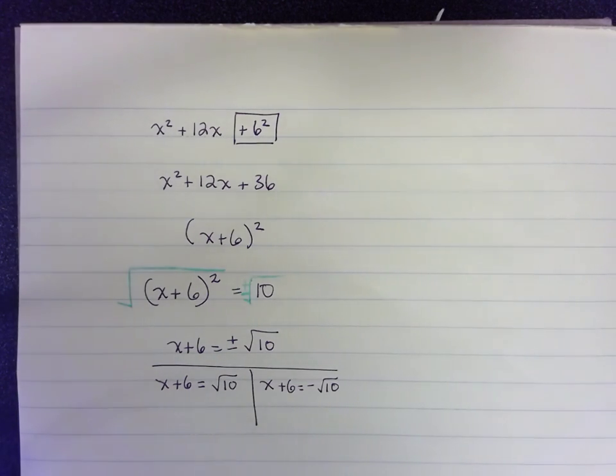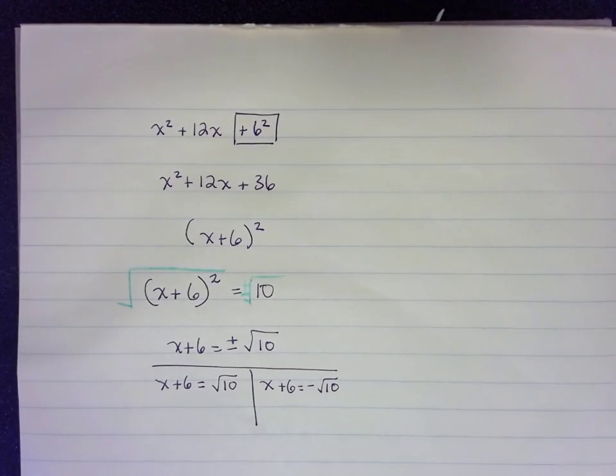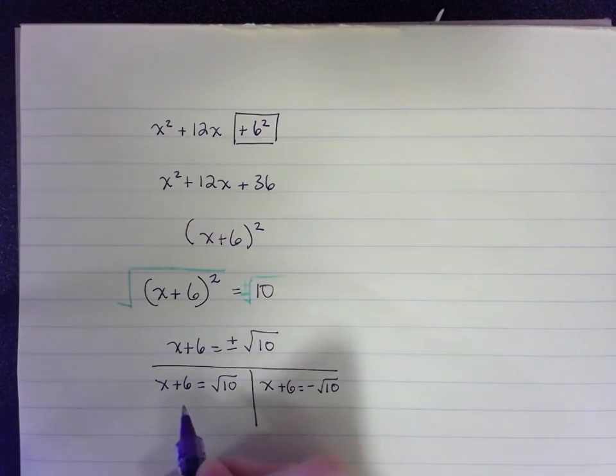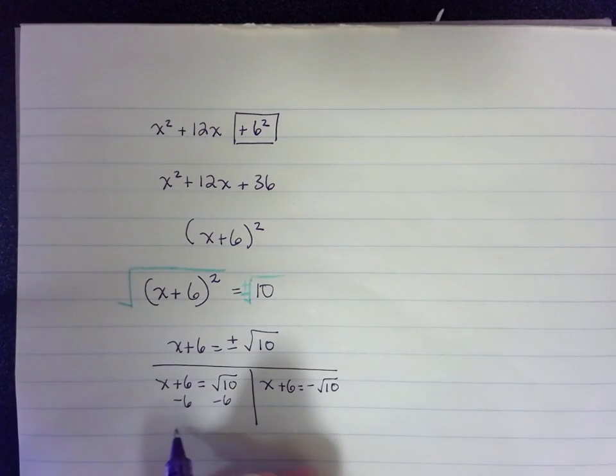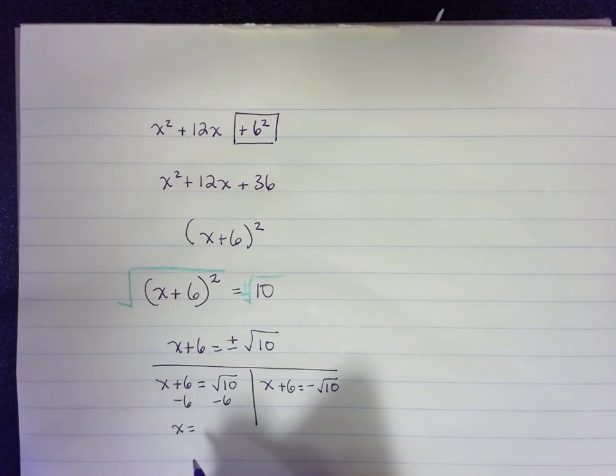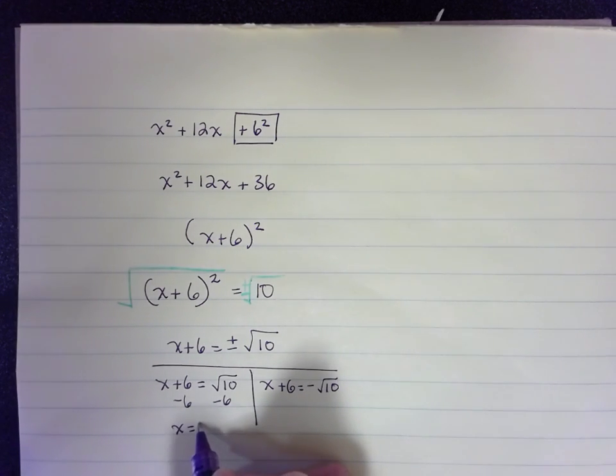So in my calculator, I put root 10 enter, and that's about 3.16, and I subtract 6 because I'm going to subtract 6 from both sides of the equation, and I get x to the nearest hundredth is approximately negative 2.84.